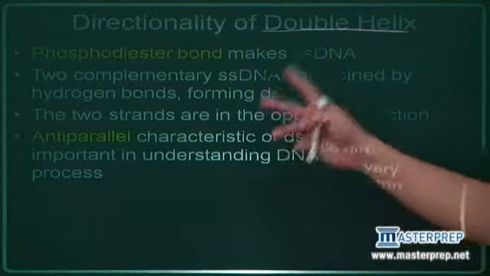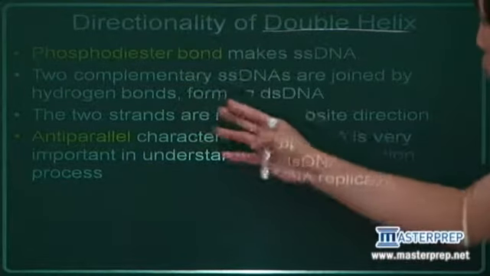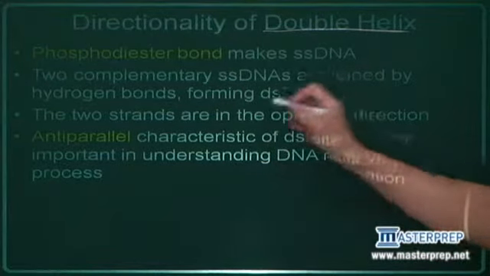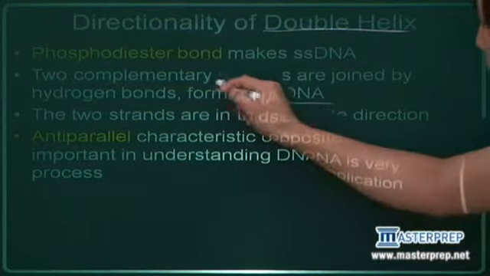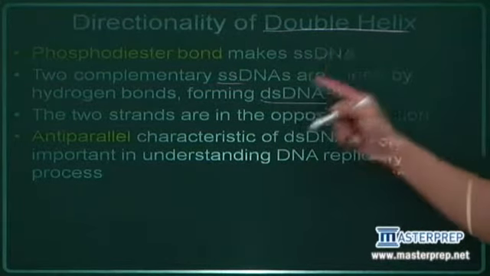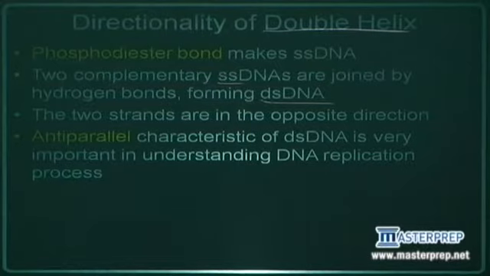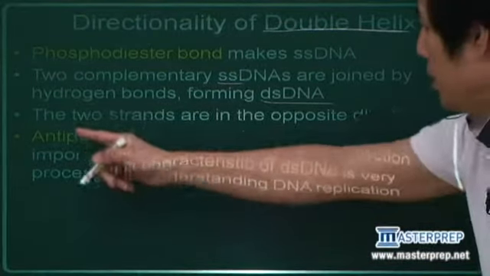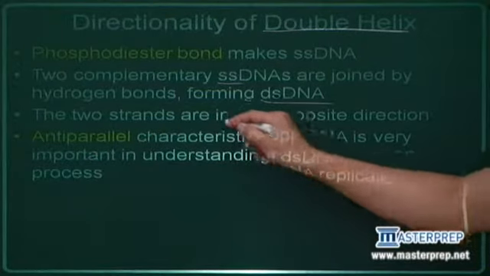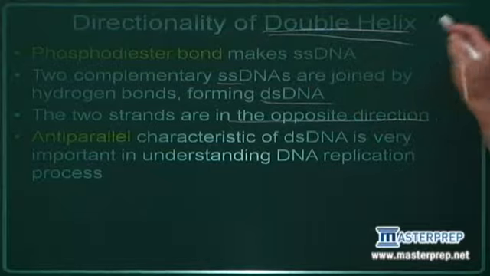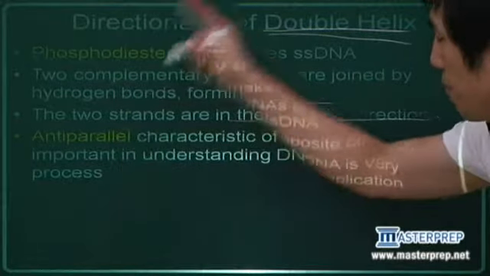But if you have two strands, they can make complementary base pairs and become one double-stranded DNA. SS stands for single-stranded, DS stands for double-stranded. And one of the most important features is that these two strands are in the opposite direction, so your double helix is called anti-parallel.